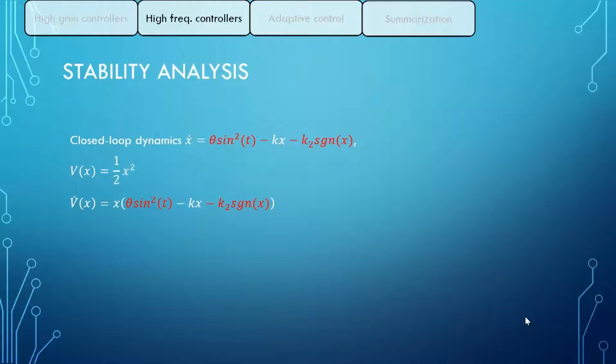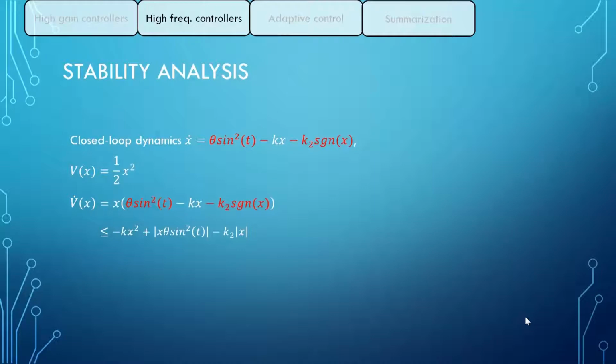But anyway, let's do the analysis. V is designed the same as before. We take the time derivative so that we can substitute the dynamics x dot, coming from here. Now again, you see the upper bound, which is the first term. We put this with the absolute value, and this absolute value comes from this sine x times this x.